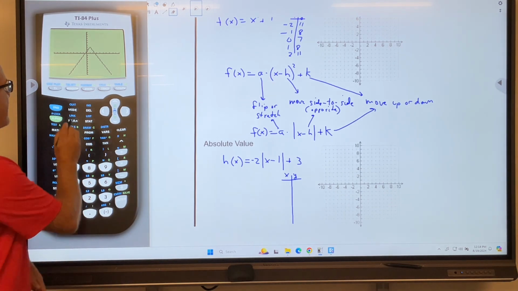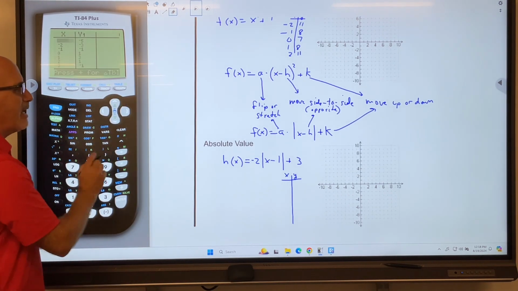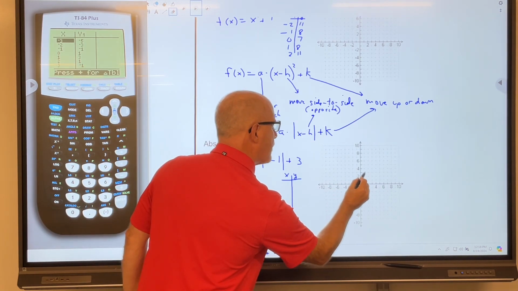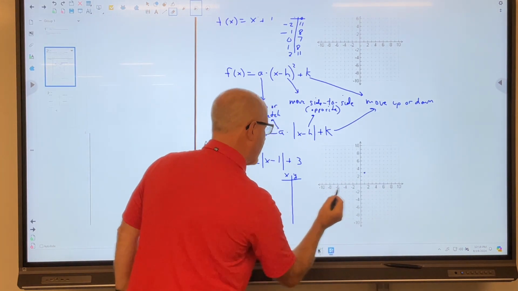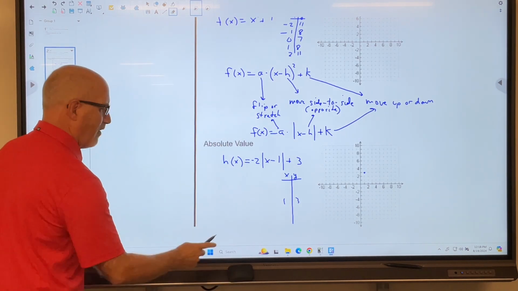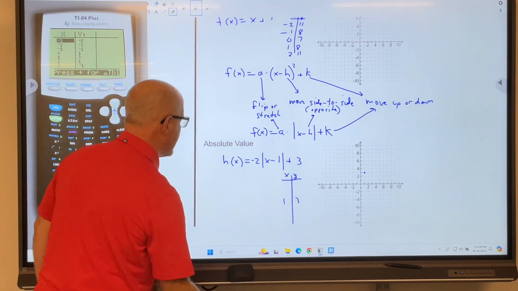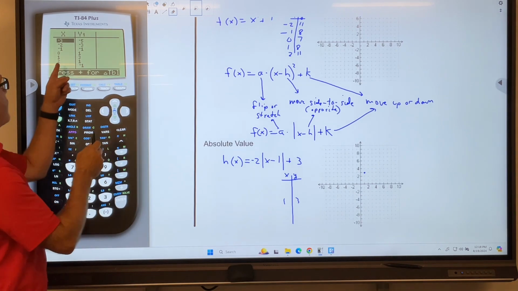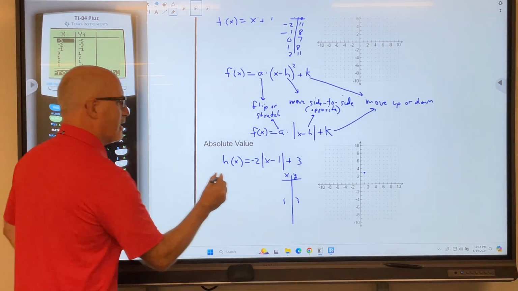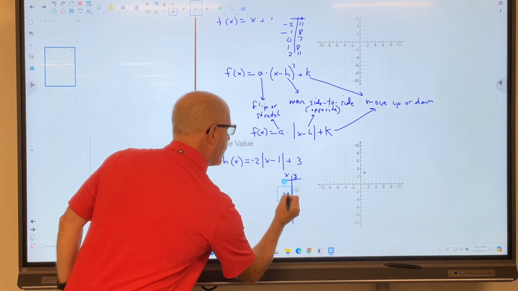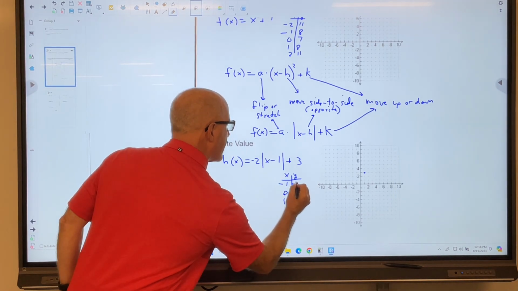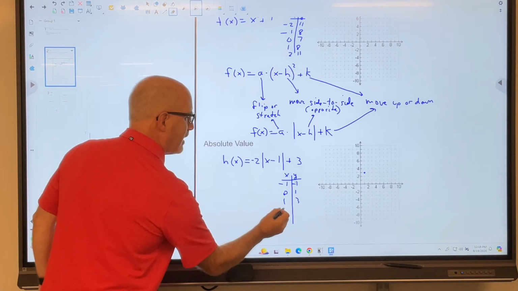So if I look at my table, I'm going to center around that point. Notice I said it's going to move it over 1 and up 3. So that point right there, 1, 3, is going to be in the middle of my table so that I can see what happens around it. If you look at 1, 3, I got 0 at 1 and -1 at 0, and then it repeats over on the other side.